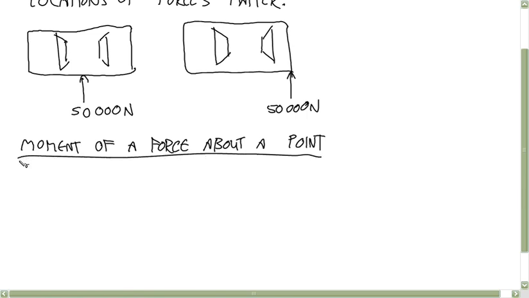And you guys have talked about this before in 1121, but you probably did it more in terms of perpendicular distances, right, and then vector components. So we're going to do it all in terms of vector components now.